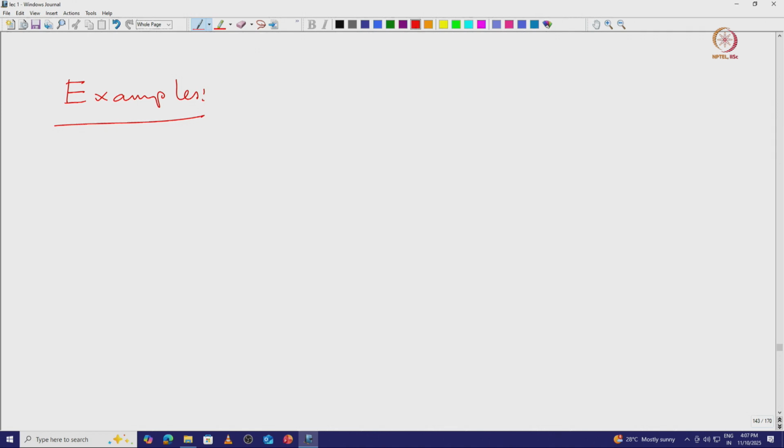We can take phi to be a map from Z modulo nZ to C star, which is given by the mth class is mapped to e^(2πim/n).